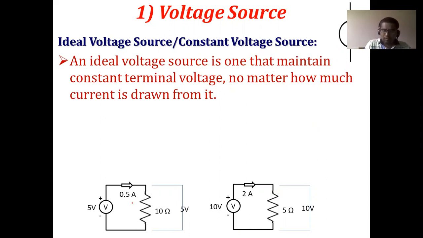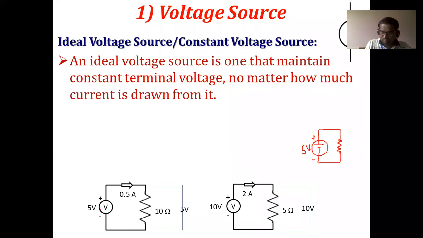And I have given another example. Let me try to draw that example also, so that your concept about the ideal will be clear once again. Suppose I consider that this is the ideal voltage source having a value of 5 volt. This is the positive terminal, this is the negative terminal. In the first case we connected a 10 ohm resistance. Now let me connect a 20 ohm resistance here.